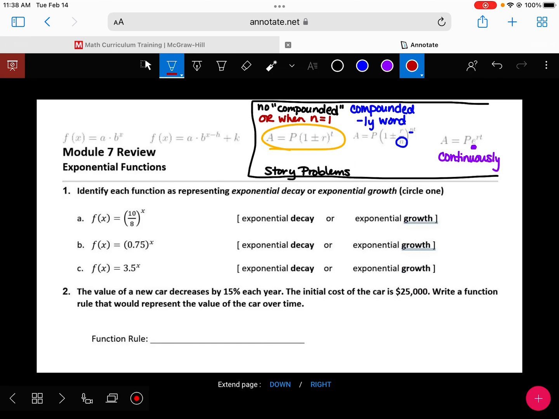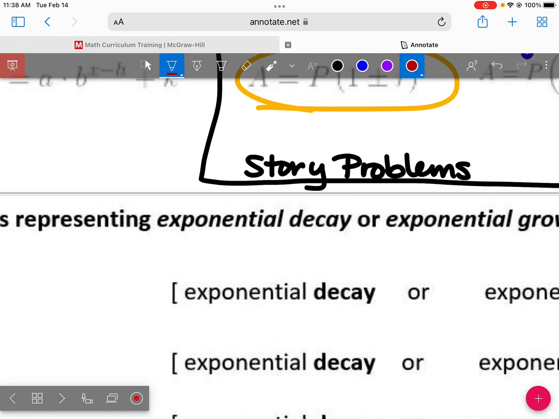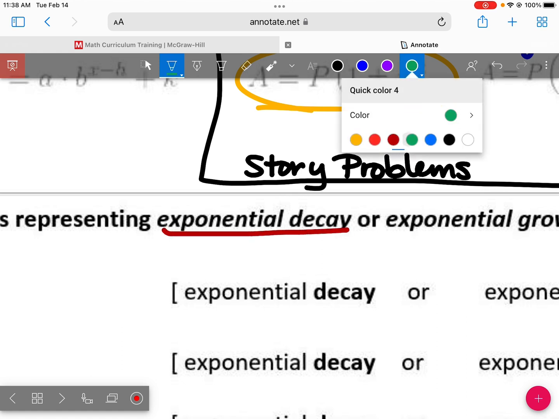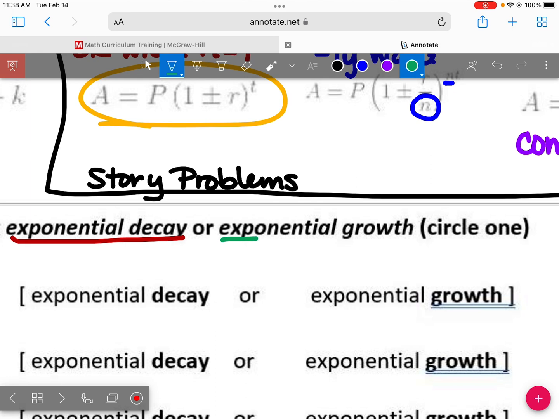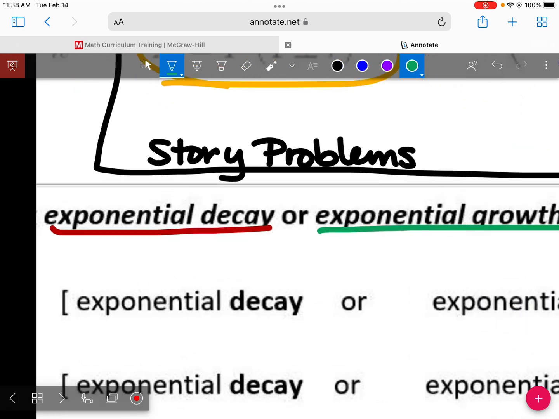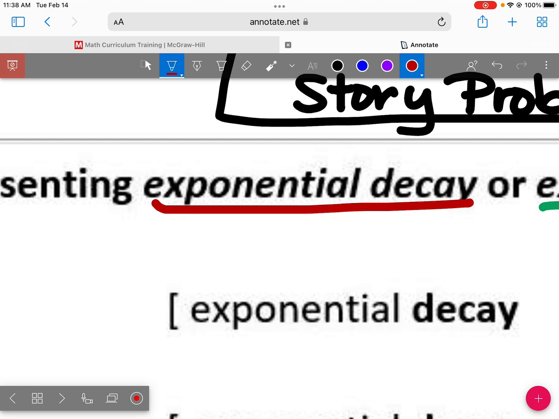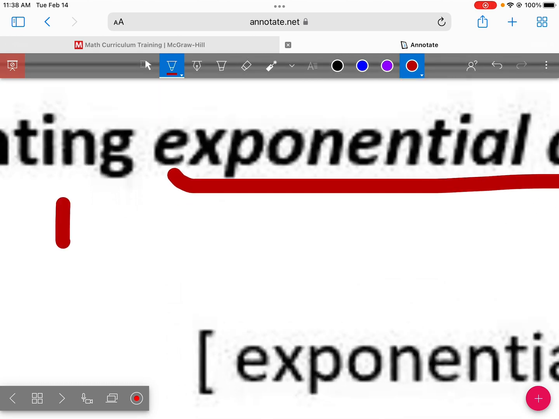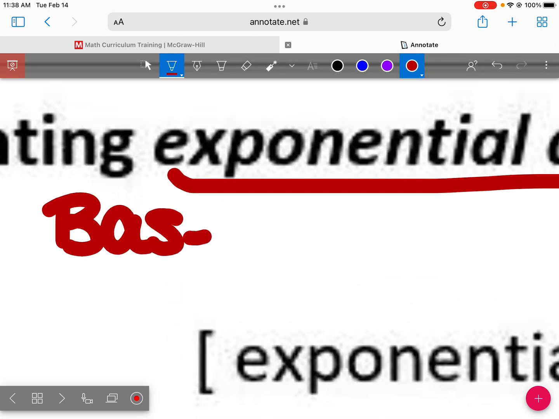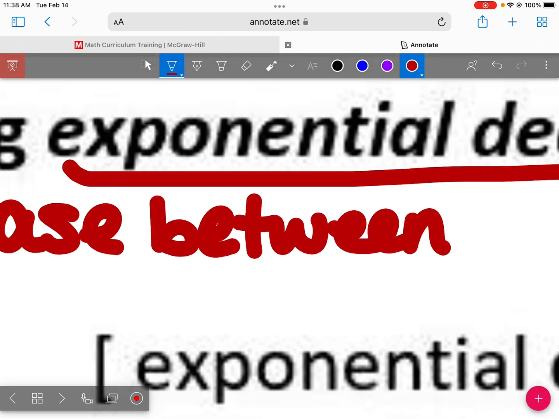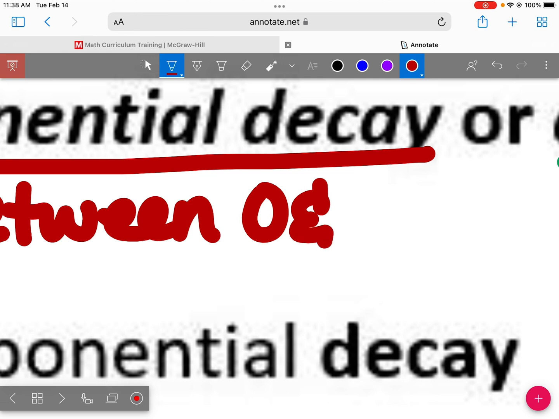Let's look at number 1. Number 1, we're supposed to describe whether this is showing me exponential decay or exponential growth. How would I know if it was decay? Less than 1, when your base is between 0 and 1.